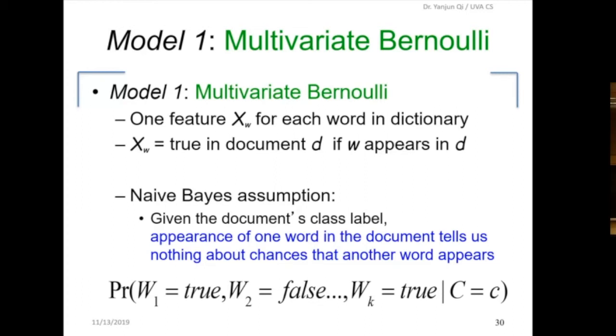So first, let's see the assumption this representation is making. The whole assumption is one word in the document tells us nothing about the chances that another word appears. We're going to use a naive Bayes assumption to decompose this joint probability into multiple conditional probabilities.